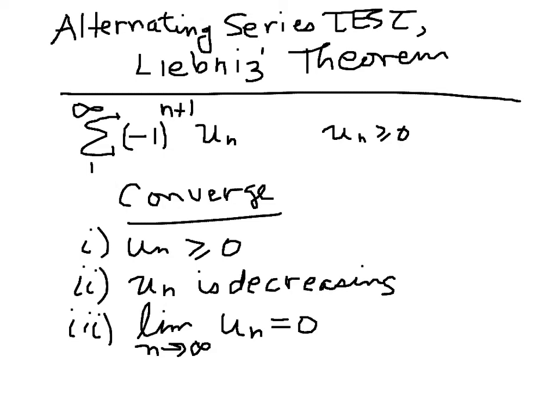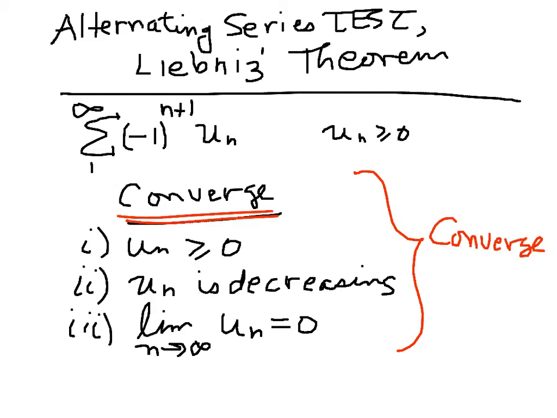And so if we have any alternating series which satisfies these conditions, it will converge. So it's a really simple test for an alternating series to determine whether it converges or not. Much simpler than other types of series.